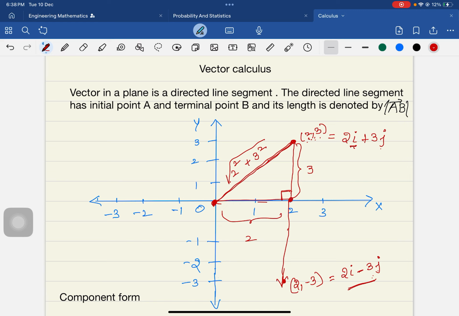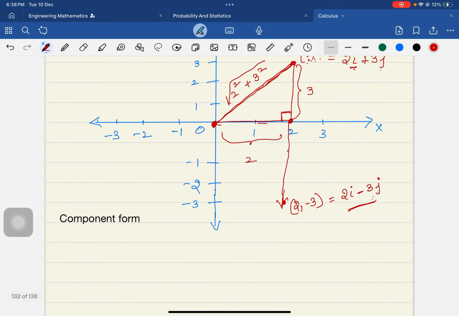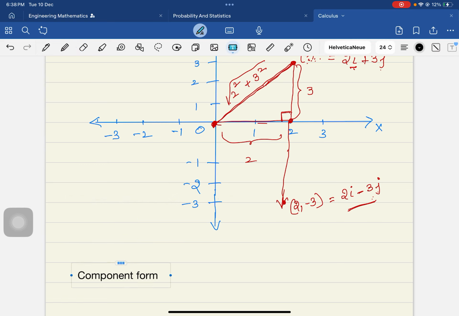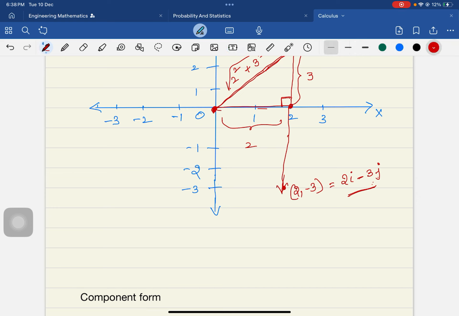That is called the length or the distance from the origin to the point. Now let us go to the length of the vector.